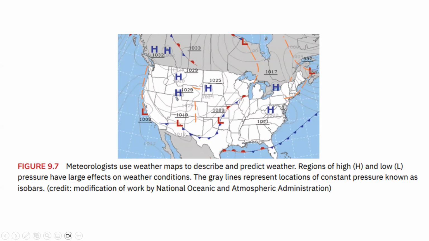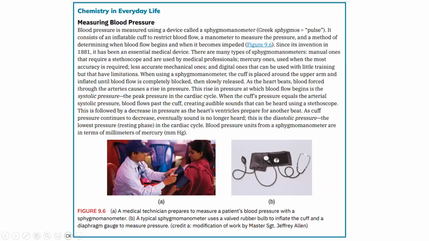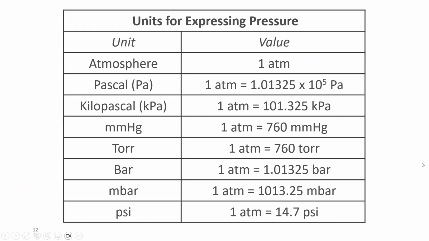I haven't thought about this before, but now I'm seeing these 1,000 numbers. And what I would guess these probably are is millibar, maybe, pressure units in millibar. I didn't think about that. Let's go back here a second. Yeah, so when you look at all these, you can see 14.7, a little over 1,000, 760, 101.